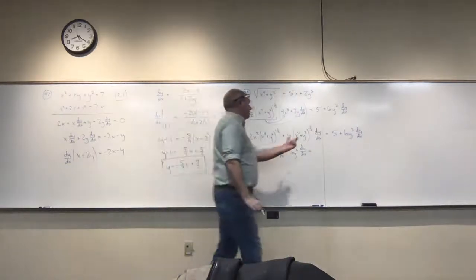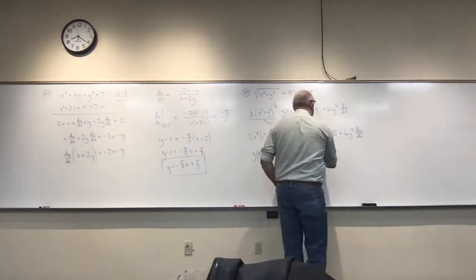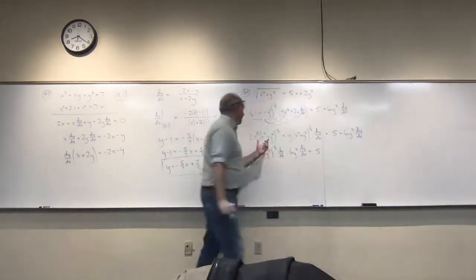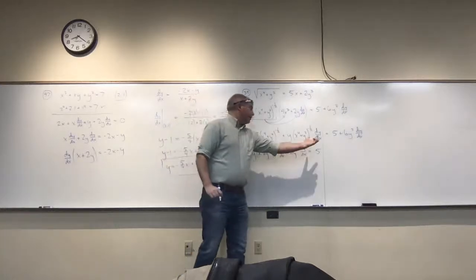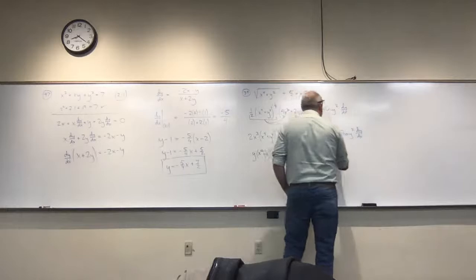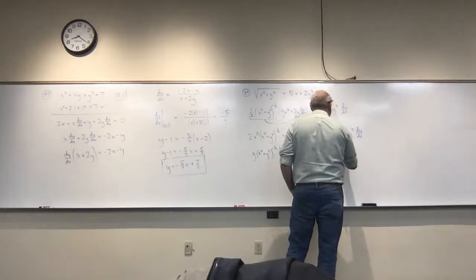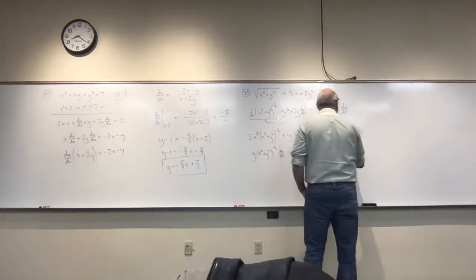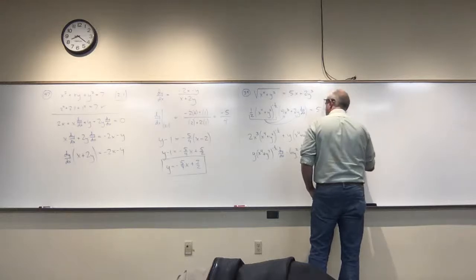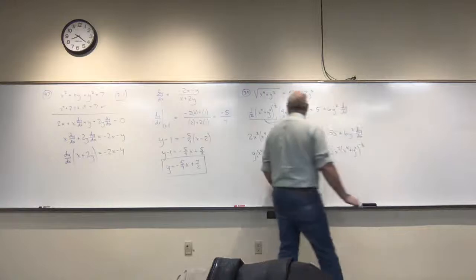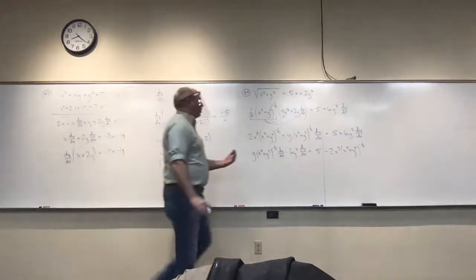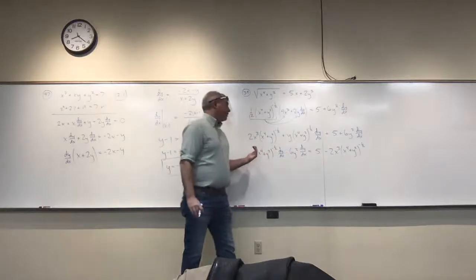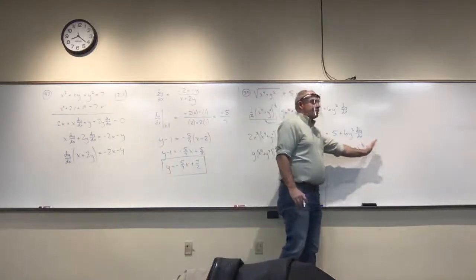on the other side, I'm going to have this 5 that's just still hanging out. And then all of this term, I'm going to move to the other side as a minus 2x cubed times (x to the fourth plus y squared) to the negative 1/2. Okay, so what I've done is I've got all the dy/dx's on the left, all the non-dy/dx's on the right.